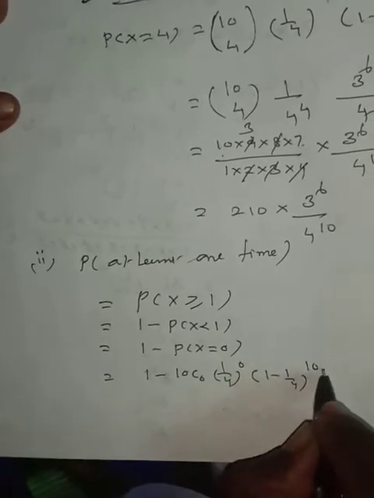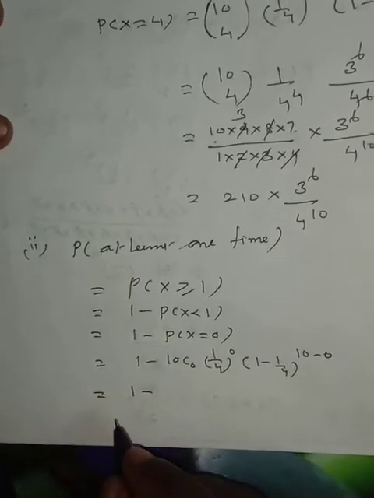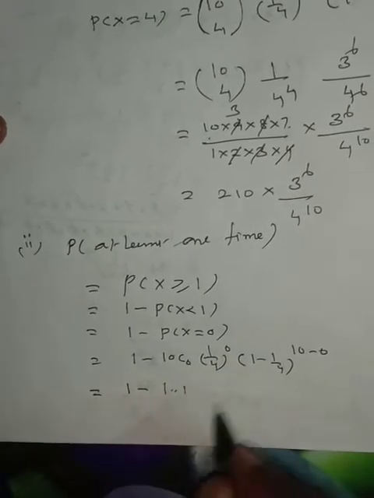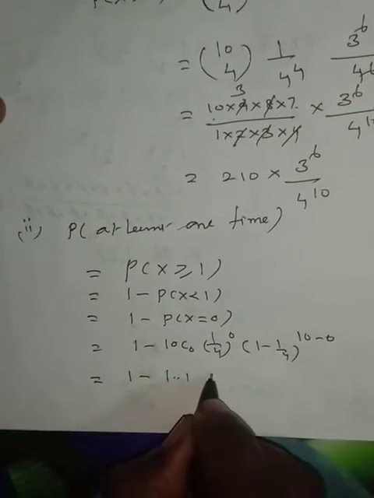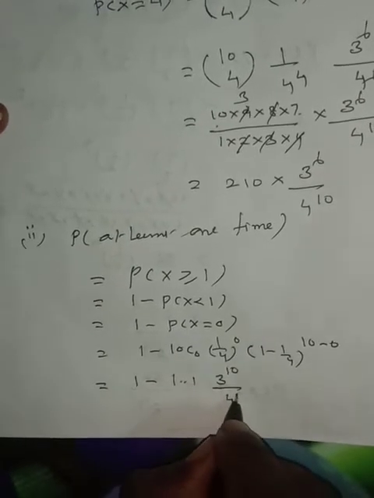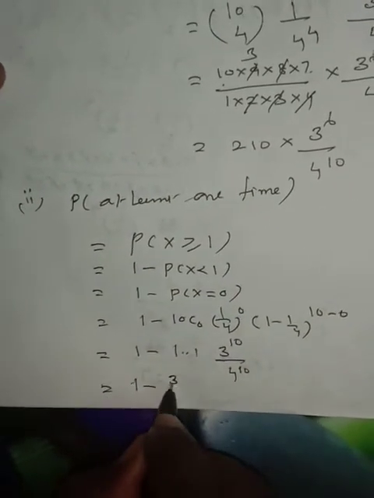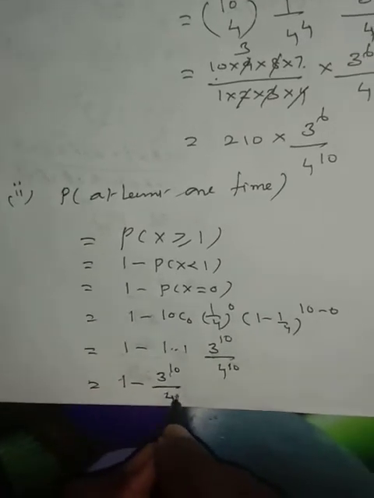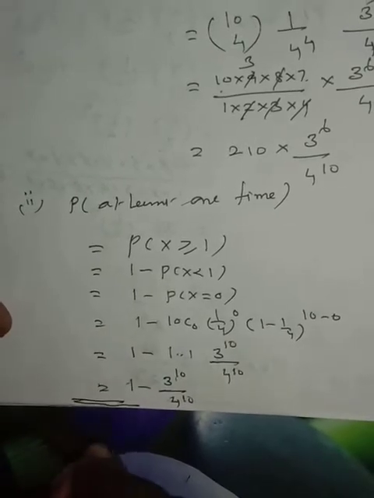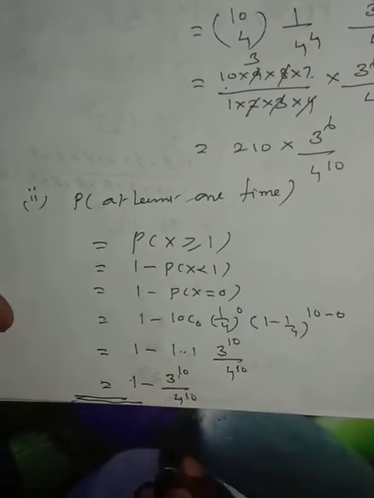So 10 minus 0 is 10, is equal to 1 minus 10C0 is 1, into anything power 0 is 1, into 3 by 4 power 10. So 3 power 10 divided by 4 power 10. So 1 minus 3 power 10 divided by 4 power 10 is the given answer: P at least one time is 1 minus 3 power 10 divided by 4 power 10.